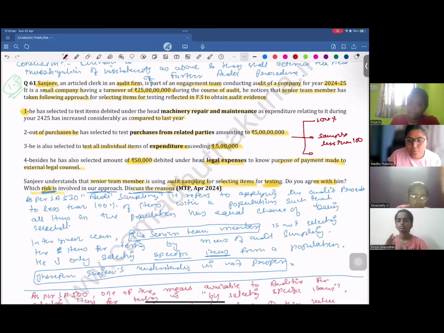Or third, you can go by a specific amount, that I will check all the transactions above 50,000. So it's not that you can't go that way, but you can't do it for all the machinery repairs.